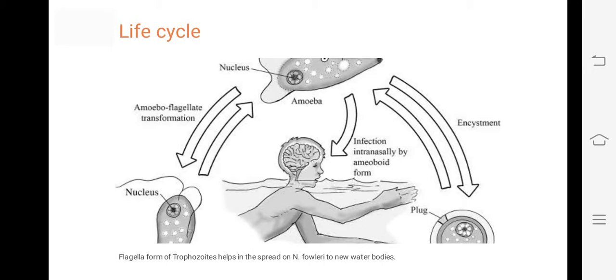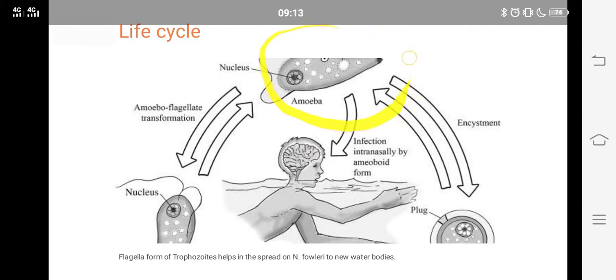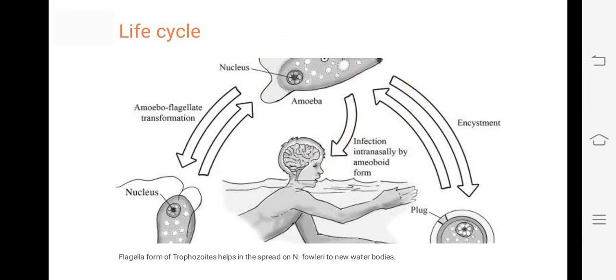Depending on the environmental condition, N. fowleri can change its phenotype. The trophozoite is the reproductively active stage, which it exhibits under favorable conditions, and it is considered the infective stage, as shown in the picture. It is the amoeboid form. This stage is the only one that can infect a person.